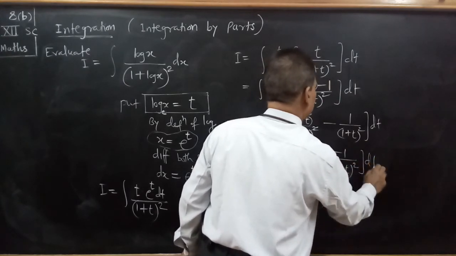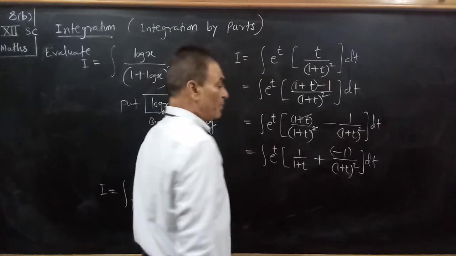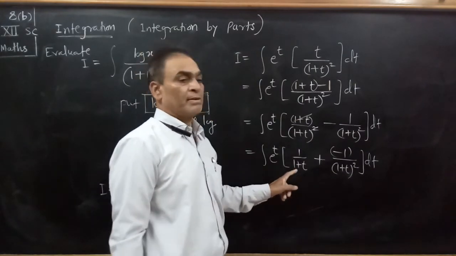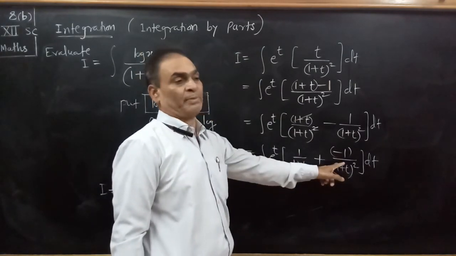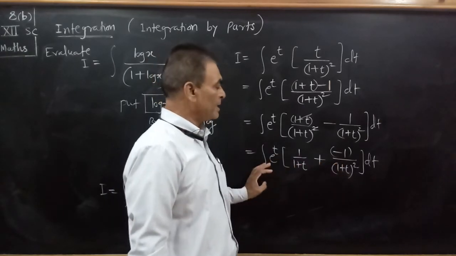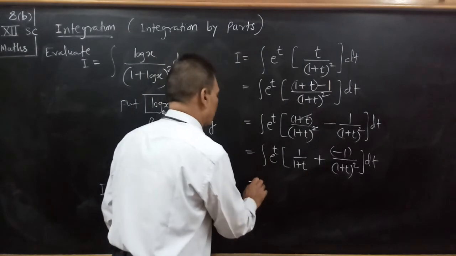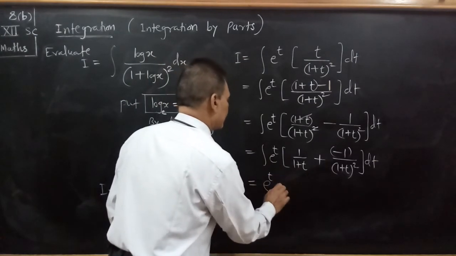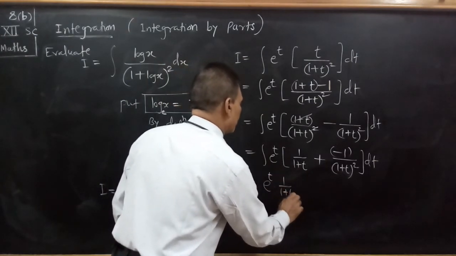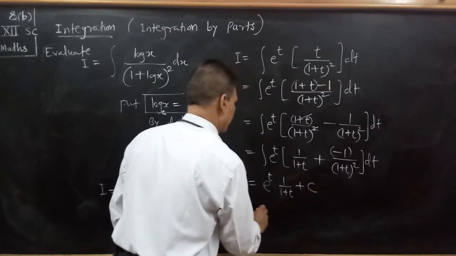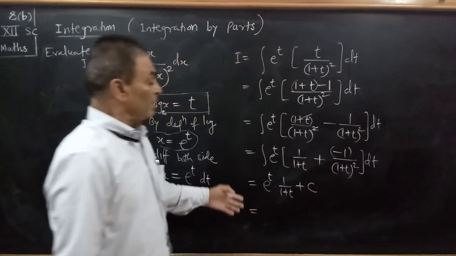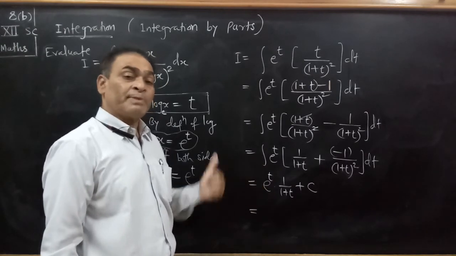Means this is our function and this is the derivative of that function. Means everything is present as per our important result. Therefore, by the important result, your answer is e raised to t, 1 upon 1 plus t, plus some constant of integration c. This is the answer in terms of t, but our question is in terms of the x variable.